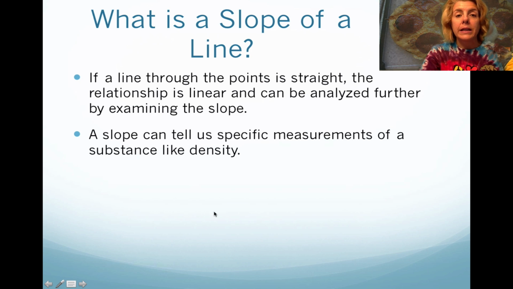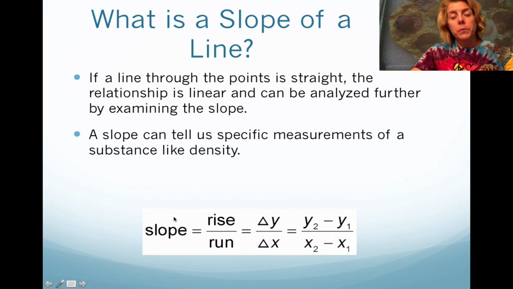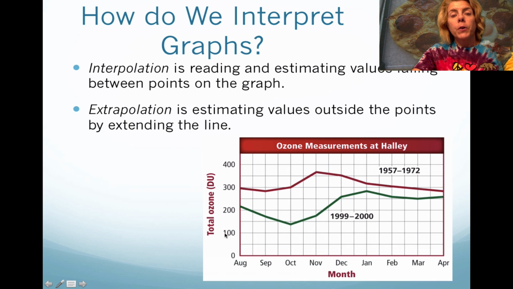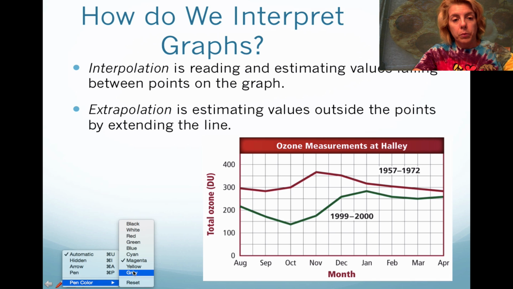Okay, slope of the line. This is another review. You've probably seen this before. We look at how big the slope is with a line graph, and we typically use that to interpret the data. Please remember that a slope is rise over run, so change in y over change in x. Yes, you will occasionally have to calculate your own slope. Okay, for interpreting graphs, we have what we call interpolation or extrapolation.